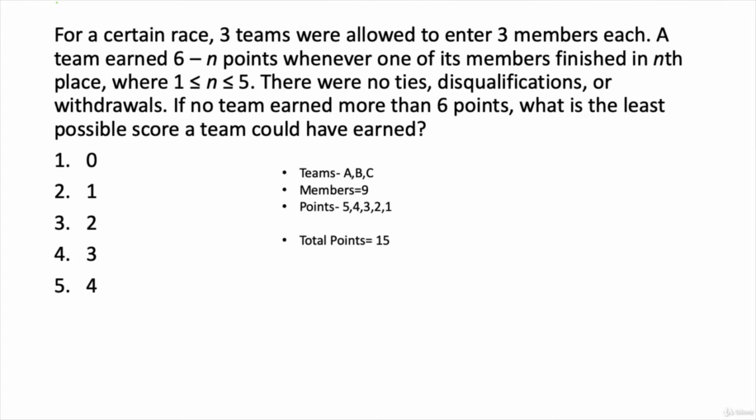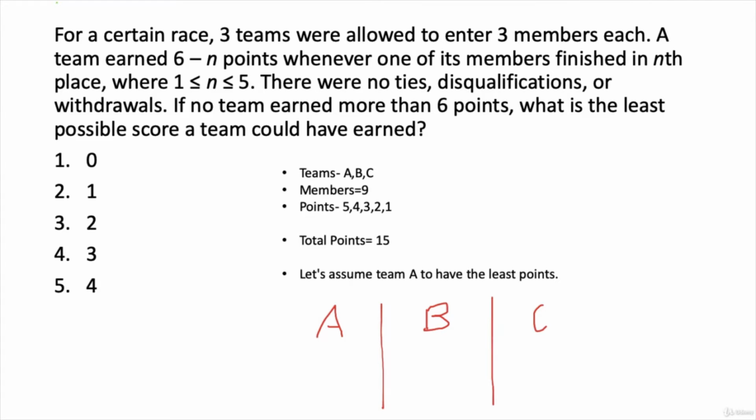The question asks, if no team earned more than 6 points, what is the least possible score a team could have earned? How do we calculate this? Let's assume team A to have the least points, and we create a map out of it. In order to have the least number of points for team A, we need to give team B and team C the maximum number of points that they can get.